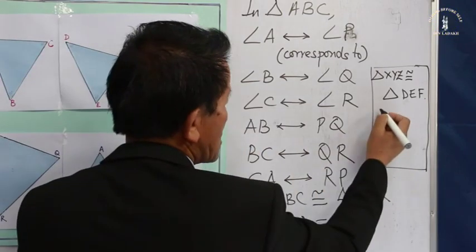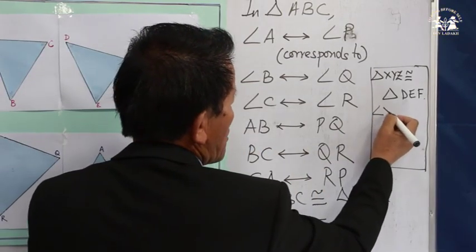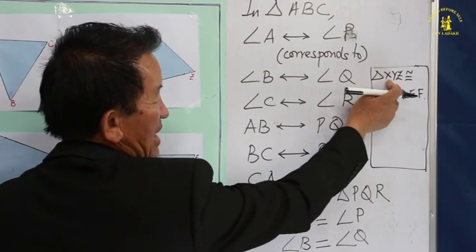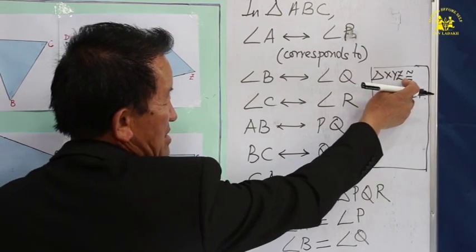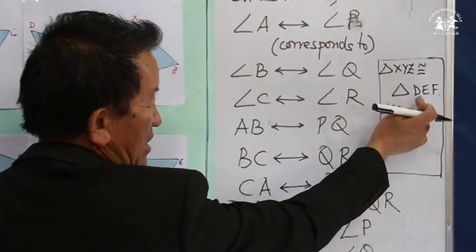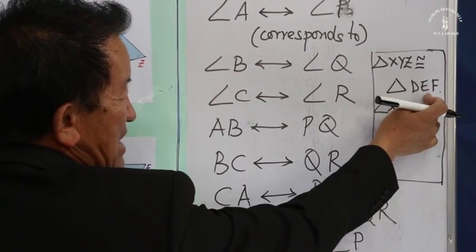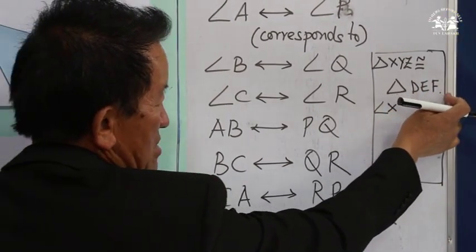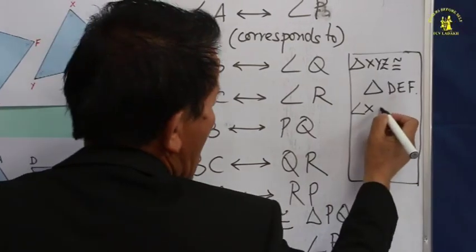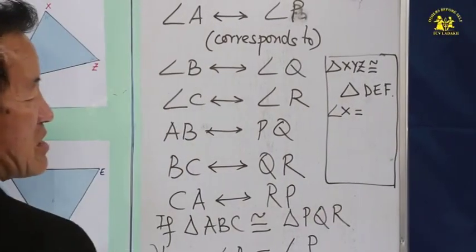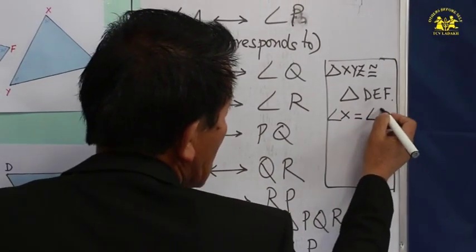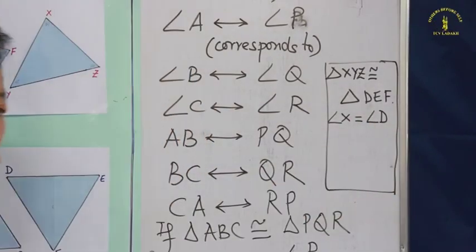So here in this case, the first angle is X, second angle is Y, and third angle is Z. Similarly, in this case, first angle is D, second angle is E, and third angle is F. So that means angle X is equal to angle D because they are corresponding angles.